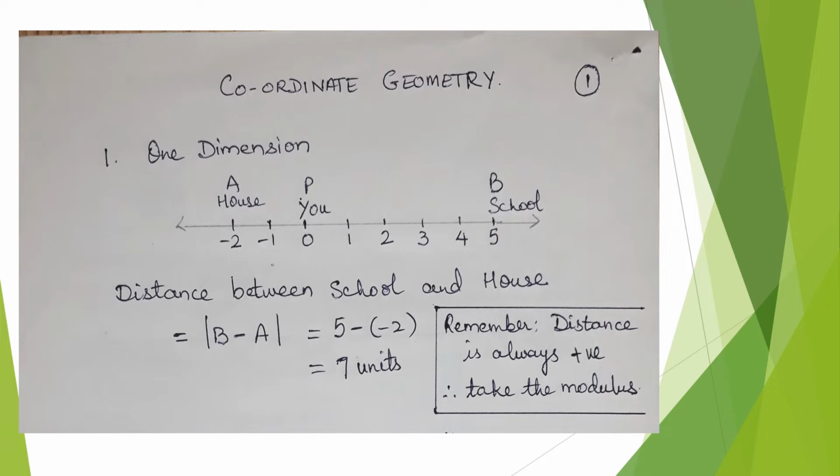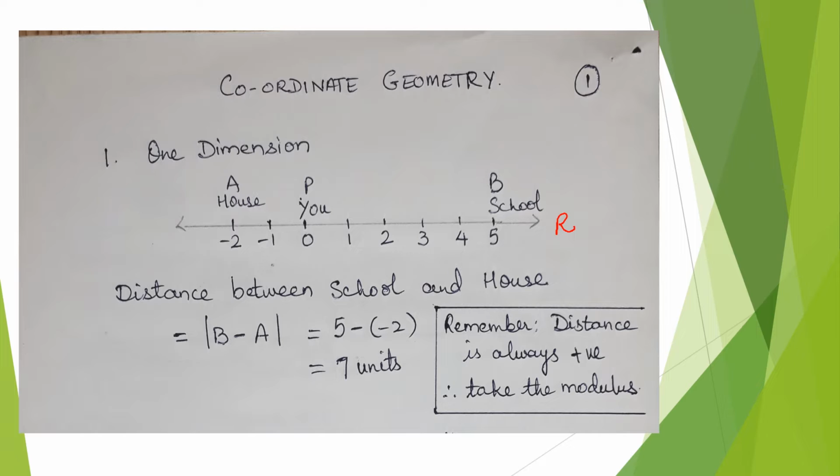So the first part is the distance formula in one dimension. In one dimension, you can take the real number line. Suppose this is a real number line, and you have three positions over here. One is the school, the house, and you want to find out the distance between the school and the house.